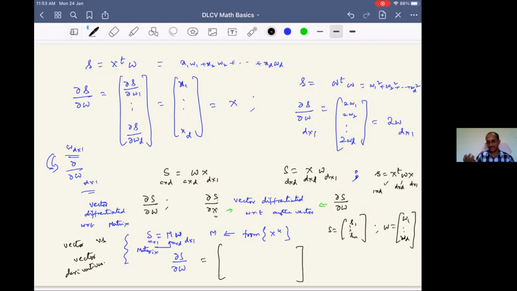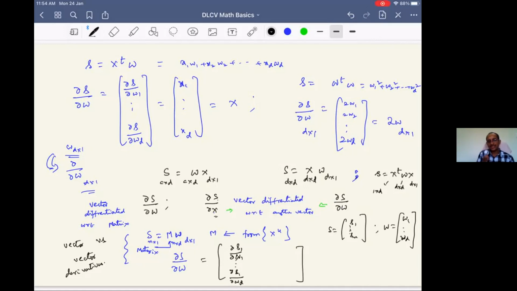So it will become a matrix. Since we have already defined dou by dou W for a single S1, let's stick to that. If we have only one component in S, then exactly we could have done in the same way: dou S1 by dou W1 up to dou S1 by dou WD.